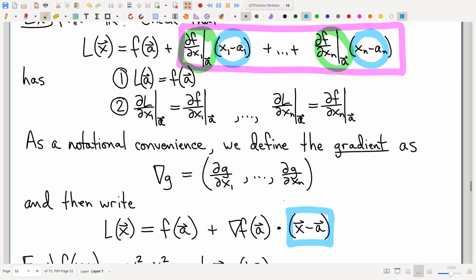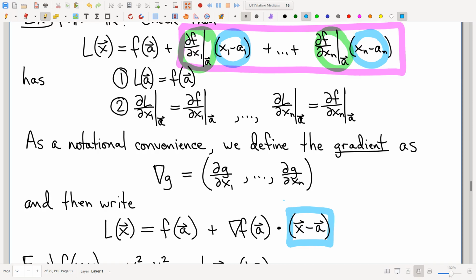And it is a vector. I don't have to take some weird point of view to choose to view this as a vector. It already was. x minus a. x is some point in the domain. a is some point in the domain. x minus a just represents the displacement between the point where you're doing the approximation and the point where you're evaluating the approximation.